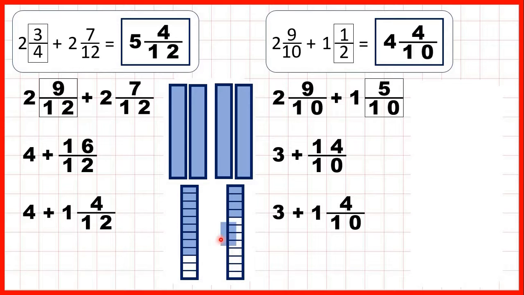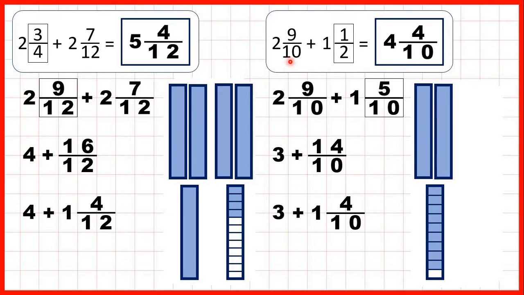Then, when we added the 7/12, we got 16/12, but we couldn't write 4 and 16/12 as our answer because we can't have an improper fraction in a mixed number. So instead, we changed those 16/12 into 1 whole and 4/12. That meant that we had 5 wholes altogether and 4/12.